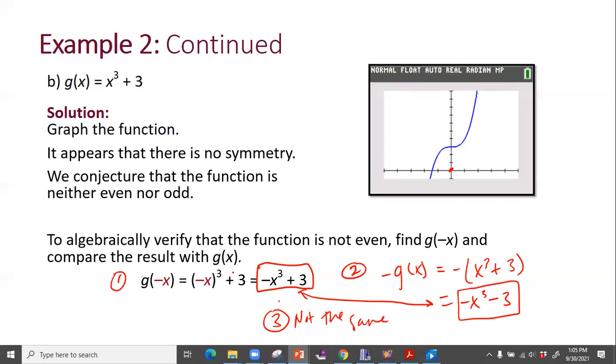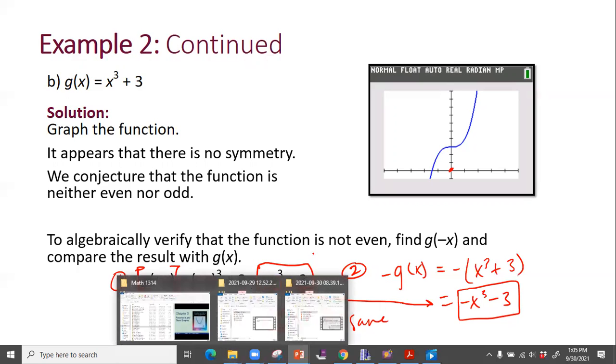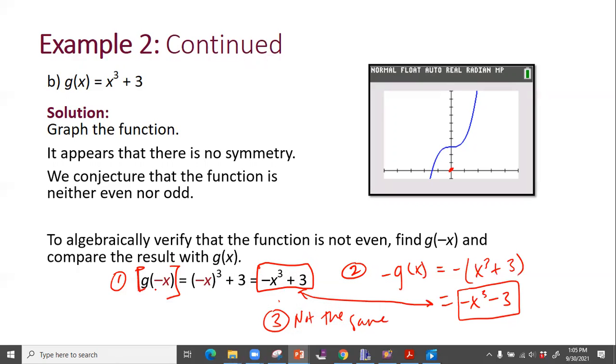Okay, so let's do it again. For checking odd algebraically, there are 2 steps. Step 1 is you have to substitute in negative x for x. And then you get a new equation.